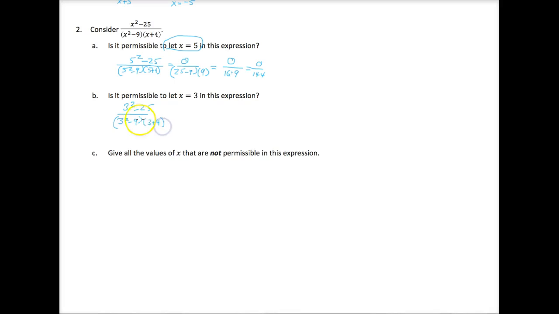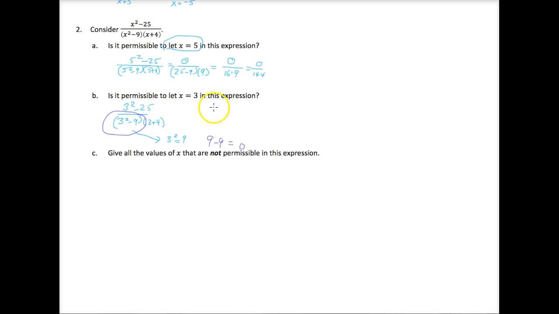I think we have a showstopper, because 3 squared is 9, which means that this parenthesis right here, this sweet, innocent-looking guy, is really 9 minus 9, which is 0.